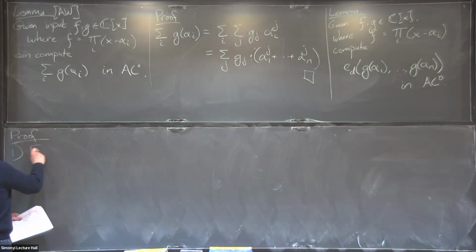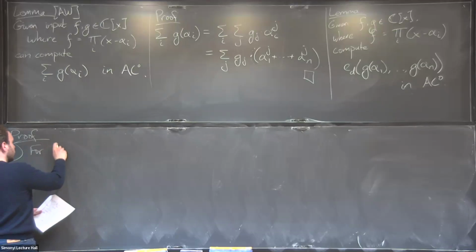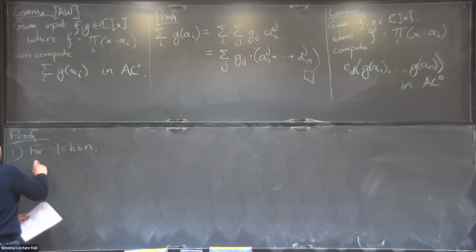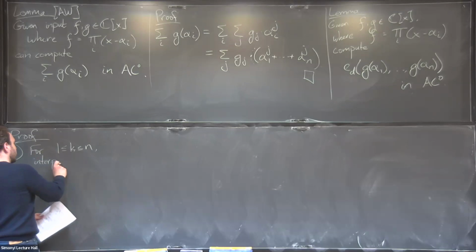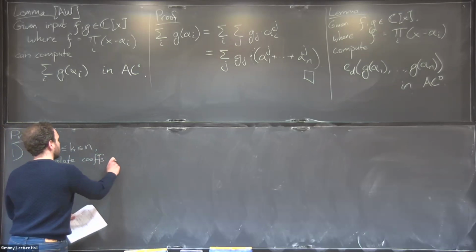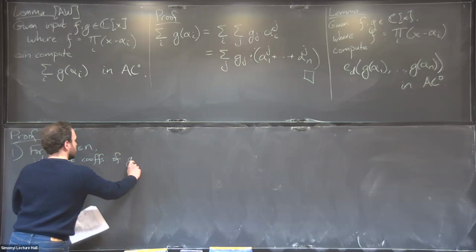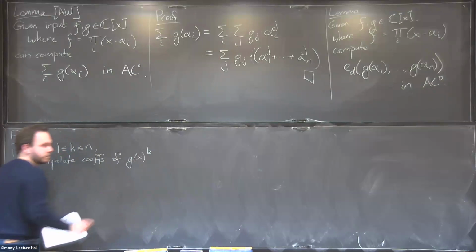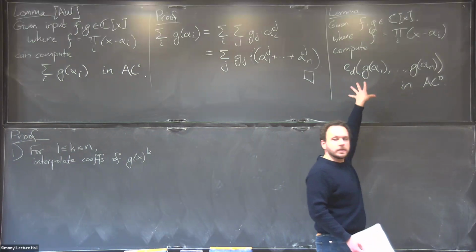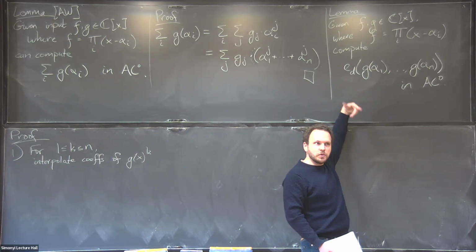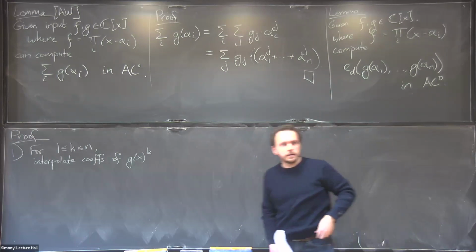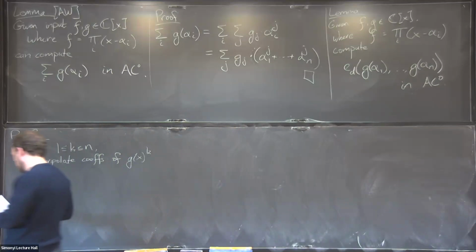What do we do? I first want to interpolate the coefficients of g to the k. All right, really what I want to do is, instead of computing this elementary symmetric function directly, I'll compute power sums of these g at alphas, and then use Newton's identities to get the elementary symmetric function.